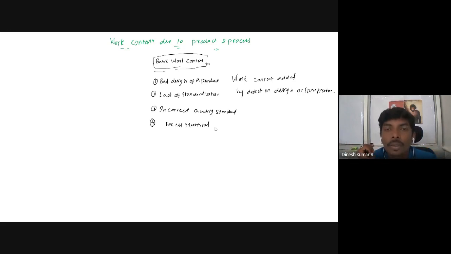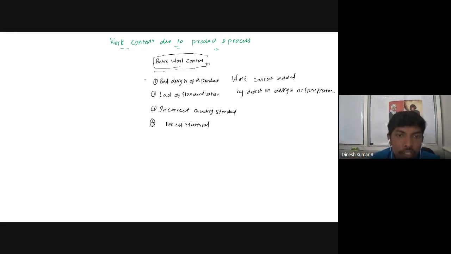So that's what they used to say: removal of material is a reversible process until you get the product, you are safe, you can rework. Once you get the product, if you rework, all the standardization will change. So in that condition, if you remove excess material, then the actual removal comes with your work content added by defect in design or specification.